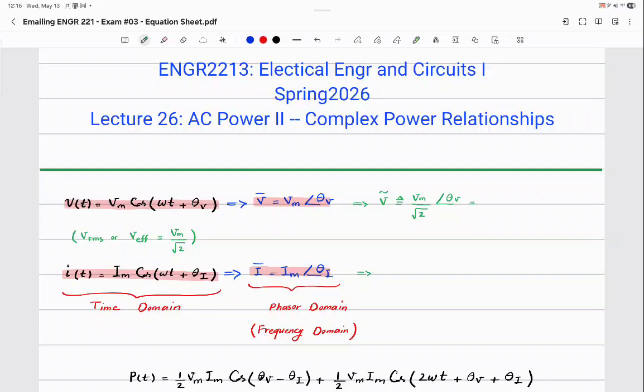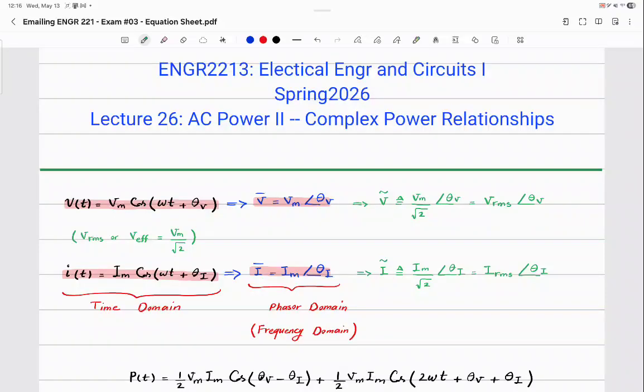Obviously, instead of writing Vm over √2, I can write Vrms with the angle theta v. The same goes for current. So Im divided by √2 with the angle theta I is equal to Irms with the angle theta I.